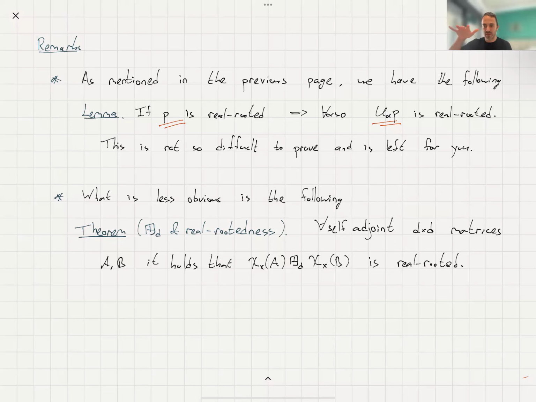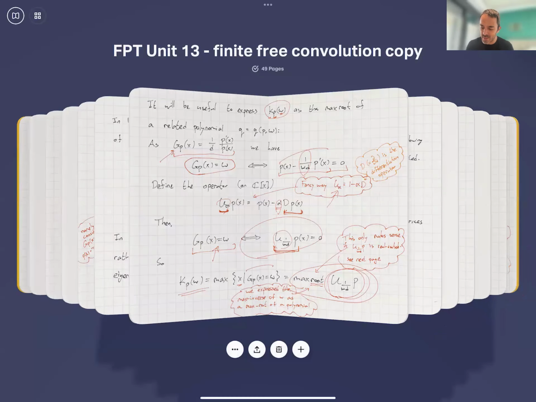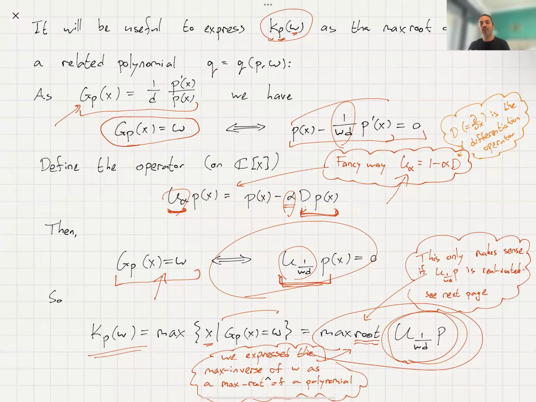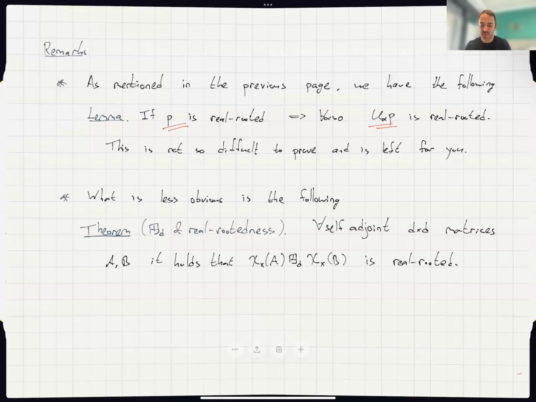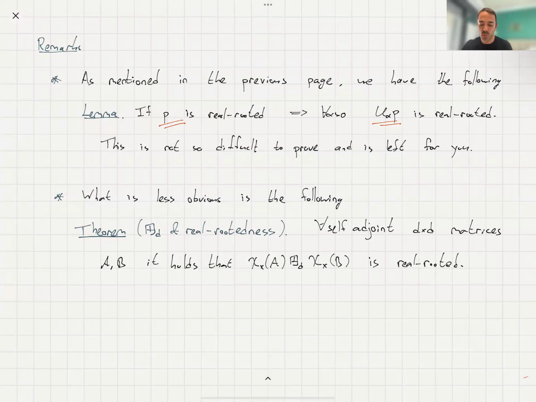Because the roots interlace the roots of the original polynomial, and are exactly the right number of them. If it was d, it's now d minus 1, so all roots are real. And u alpha of p is essentially that, right? It's p minus alpha times the derivative, so it's more or less the same argument. So I'm going to leave it to you, if you want to prove that if p is real-rooted, then also u alpha p.